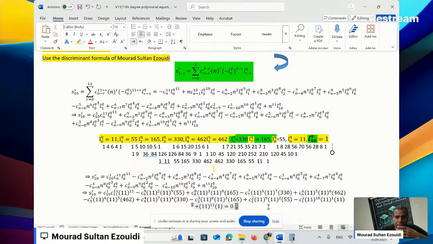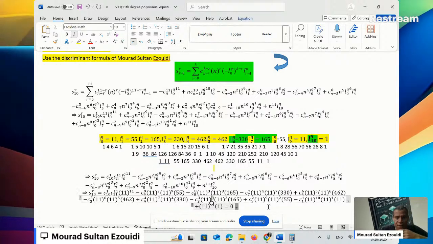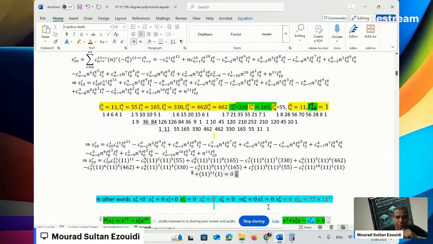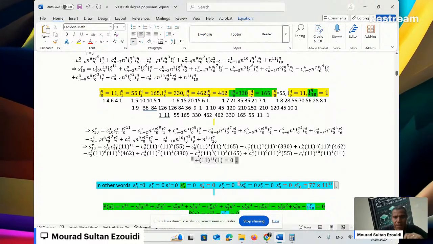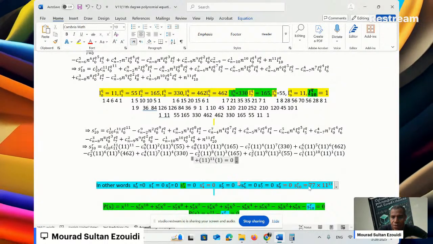Okay? So after that, as we make our conclusion, we found, let's say, that all s subscript k minus 1 of order r equals 0.